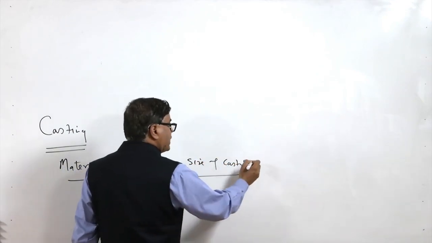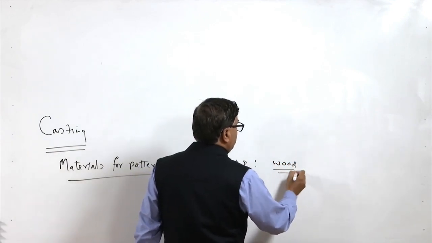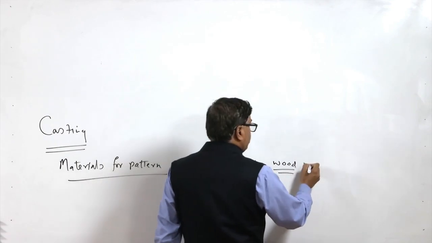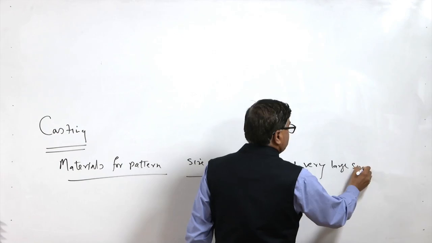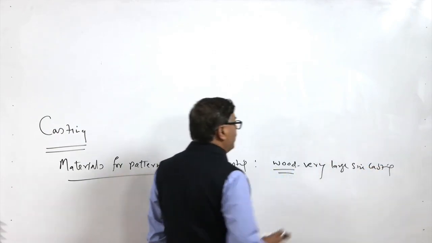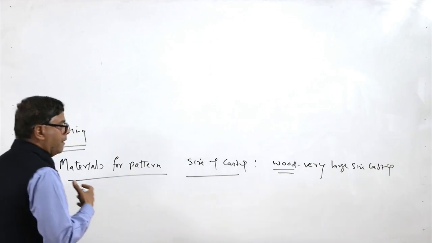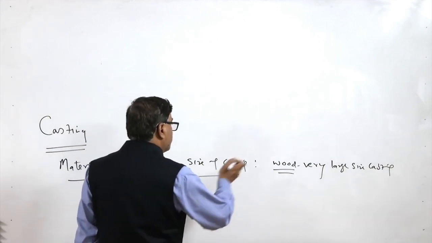Like for very large size casting, we prefer to go for the wood only, because metallic patterns will not be easy to handle for preparing the mold. So, we prefer the wood.